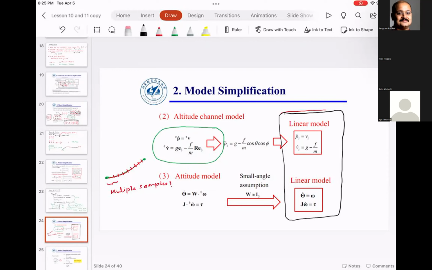However, this linear model would fail if you want your Mambo to do flips, or very fast maneuvers, because at that time the update rate you have will no longer be able to linearize the model.